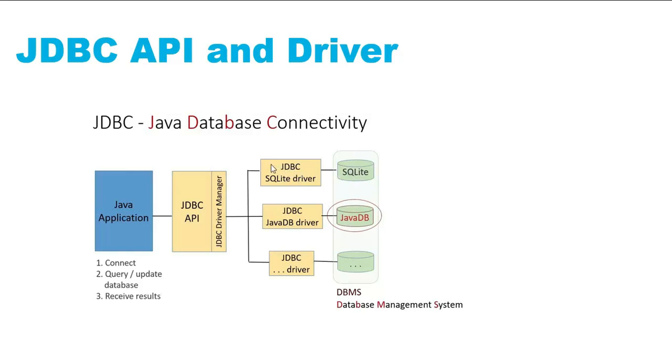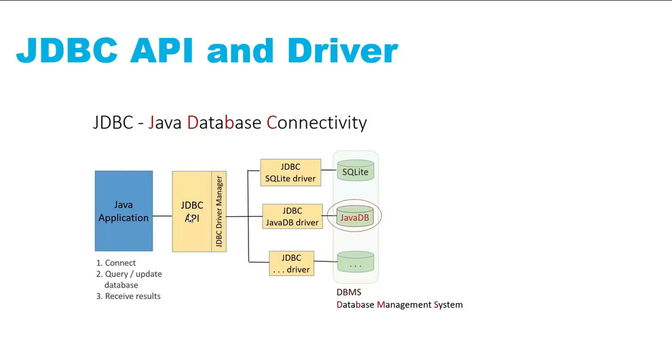For example, a JDBC SQLite driver for the SQLite database, a JDBC JavaDB driver for the JavaDB database, a JDBC MySQL driver for the MySQL database, a Postgres JDBC driver for the Postgres database, and an Oracle JDBC driver for the Oracle database. So all these database vendors have their own JDBC driver, providing their own implementation for the JDBC API.